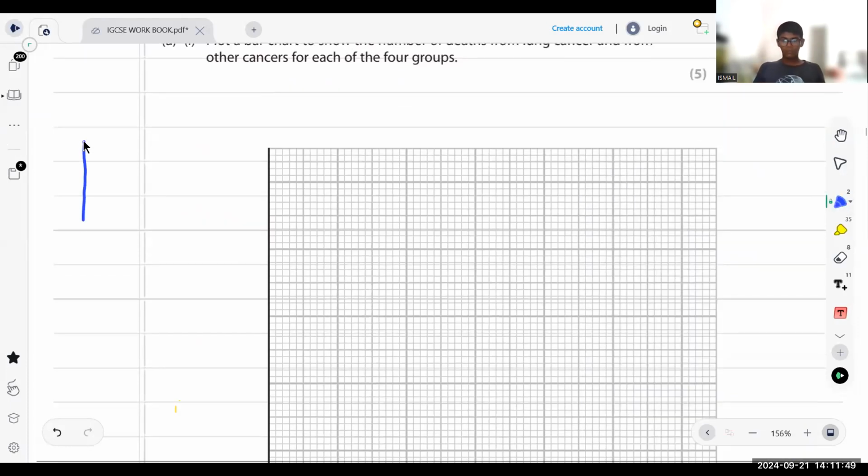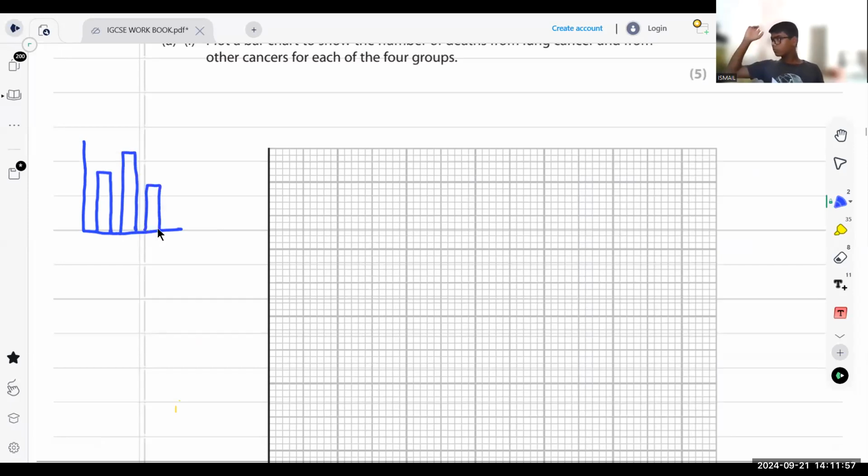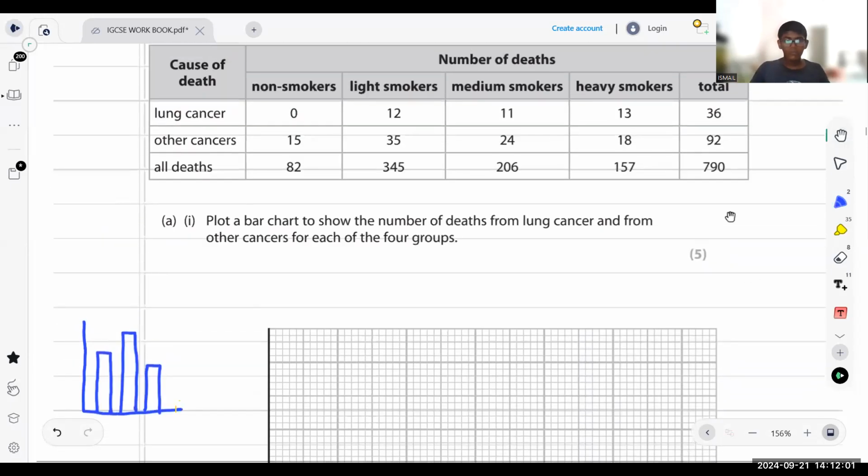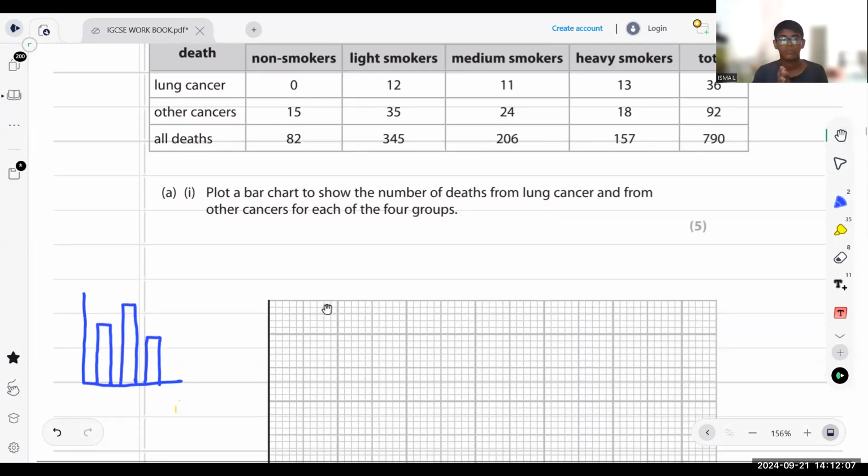You have to make a bar graph like this. This is one bar, and this is another bar, and another one. Like this, you have to show 3 bars to indicate 36, 92, and 790. So then one is really going up.